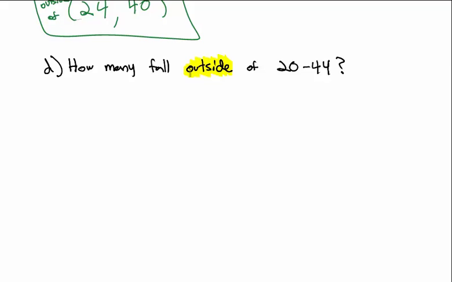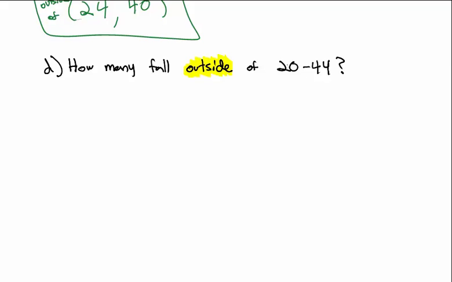So we're going to want to do our work with 20 to 44, but then we're going to be outside of that. So whatever we get, we're going to have to subtract to find out how many are outside, because our work is going to tell us how many are inside. Now 20 to 44, that's interesting. Well, let's just work it out. Probably not a great example, because we've seen that before, but that's okay.